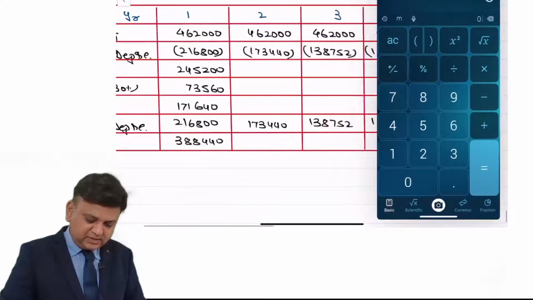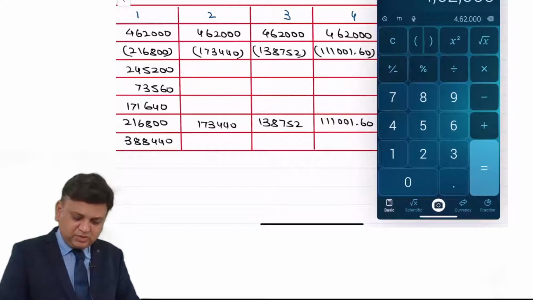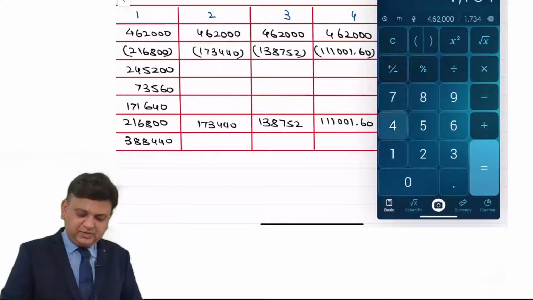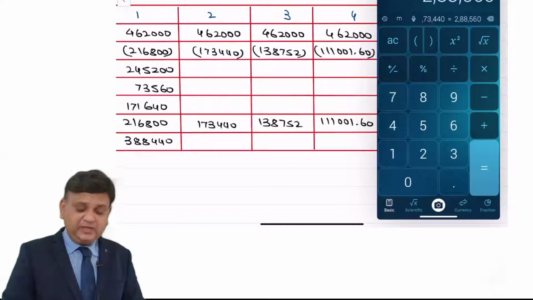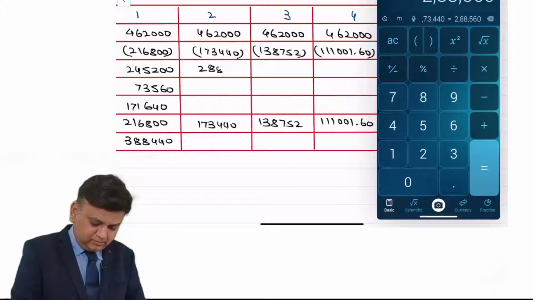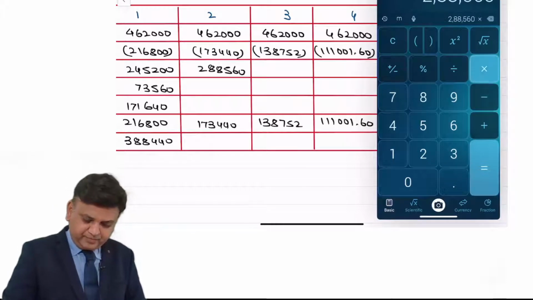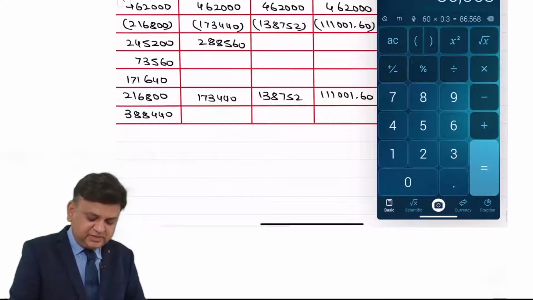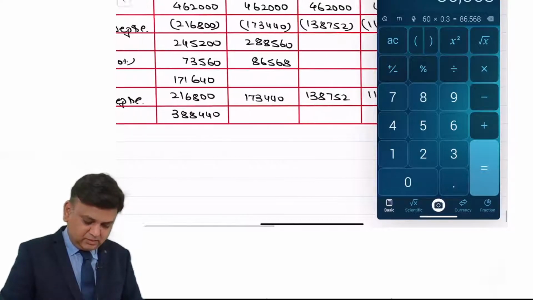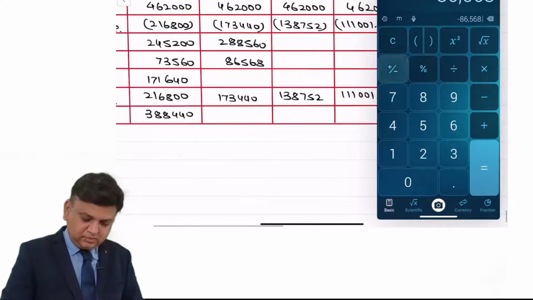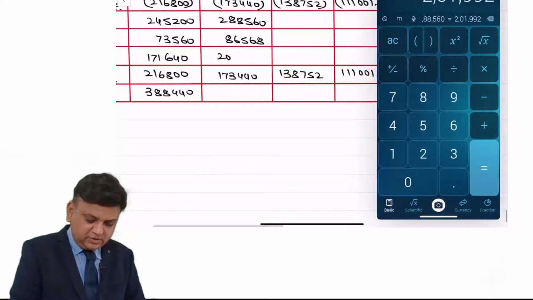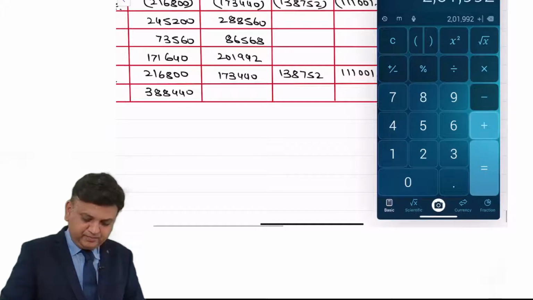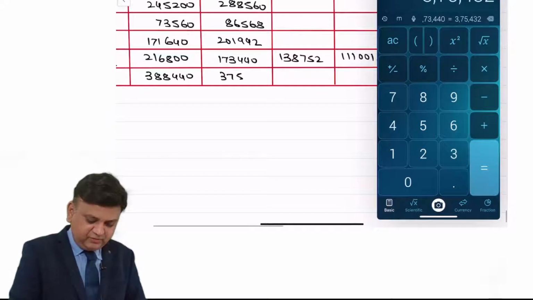So 4,62,000 minus 173440 is 288,560, into 0.3, 86,568. It is deducted from 288,560, so 2,01,992, plus 173440. So 375,432.